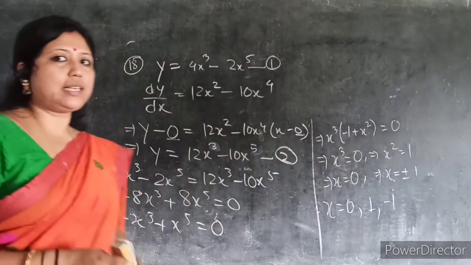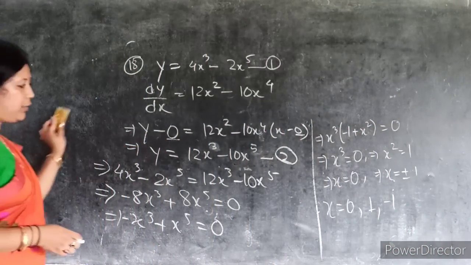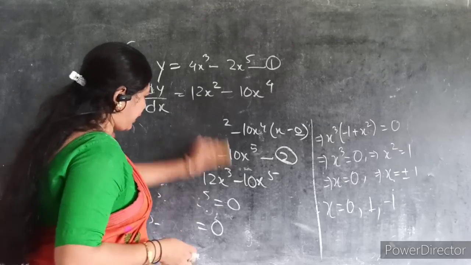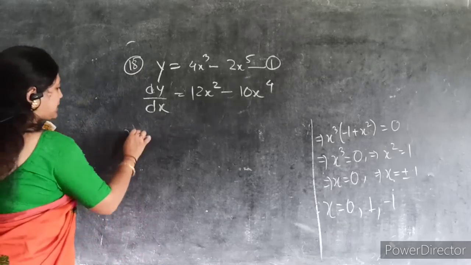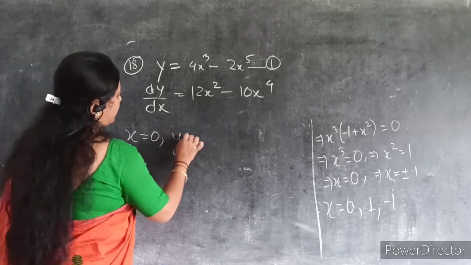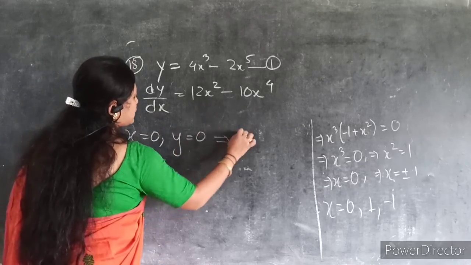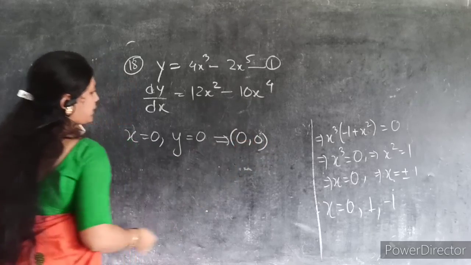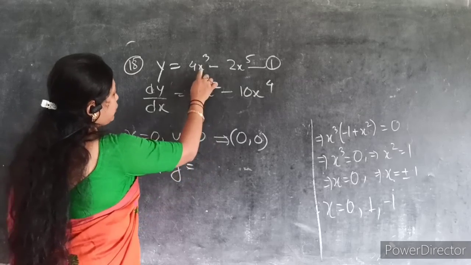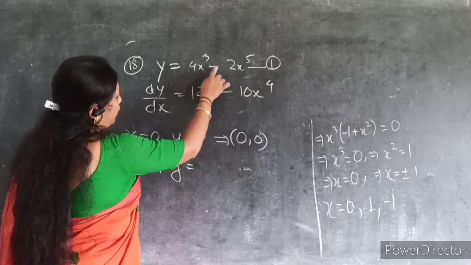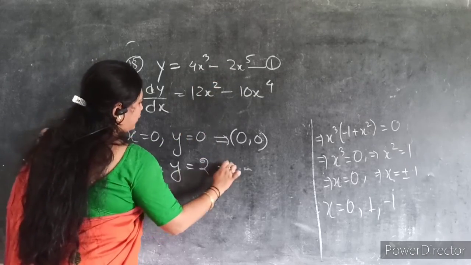That means you will get again 3 values of y. So let us find now. When x is equal to 0, y will also be 0. So your first coordinate point is 0, 0. When x is equal to 1, y will be equal to 4 minus 2, that is y value will be 2.